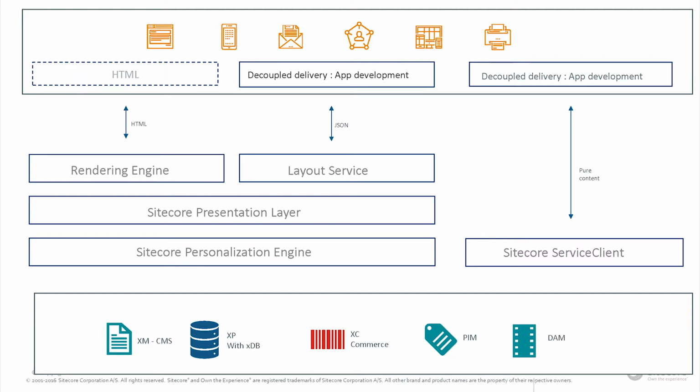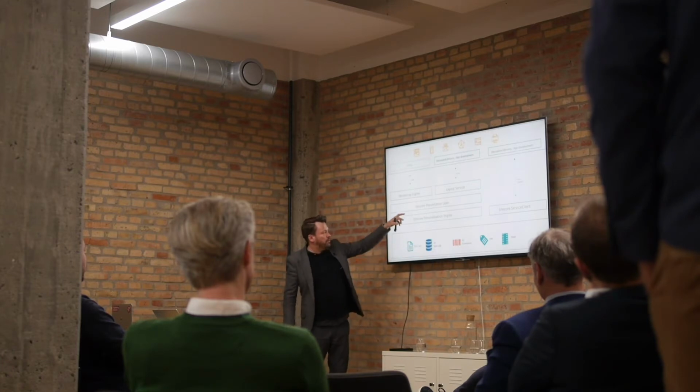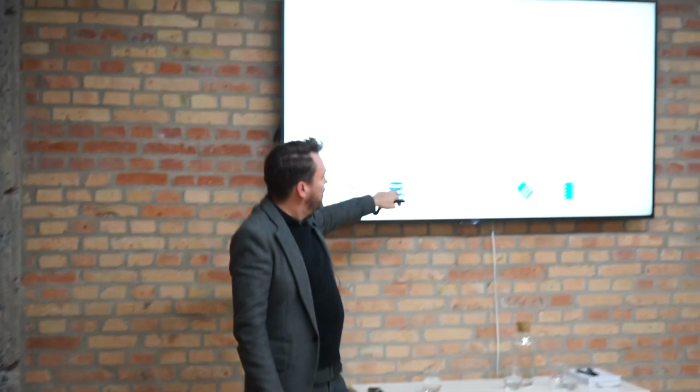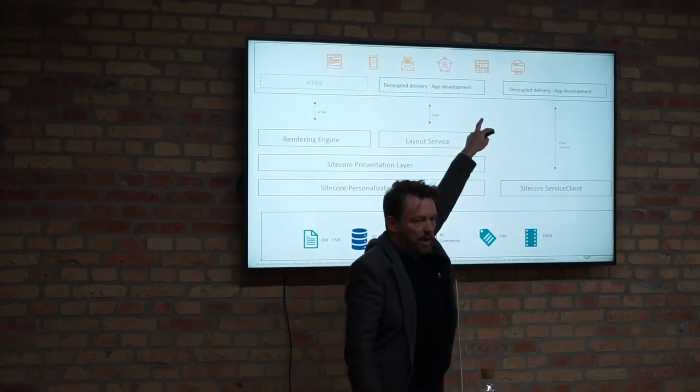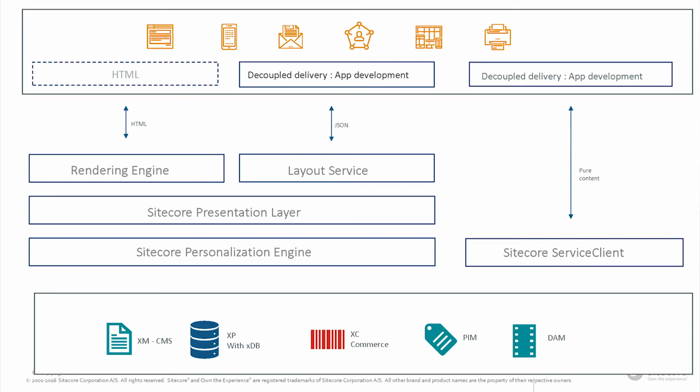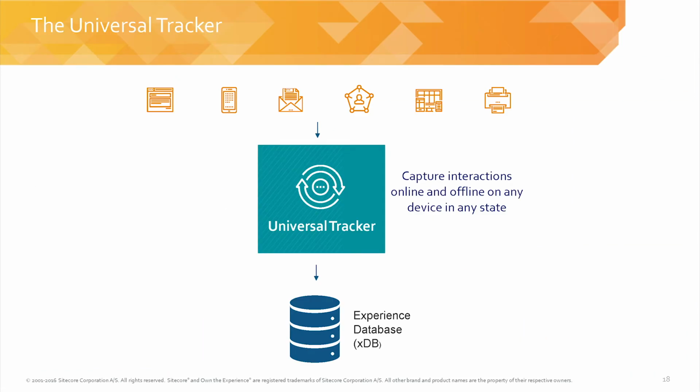The other thing you might say is, what about the XDB? Because we need to collect data, right? In the traditional way it's done down here on the server side, where it's collected. Still, if you go this way out, will you actually be able to collect any data? Because this is what glues the things together, as I mentioned in the beginning. So what is also part of Sitecore is what we call the universal tracker.